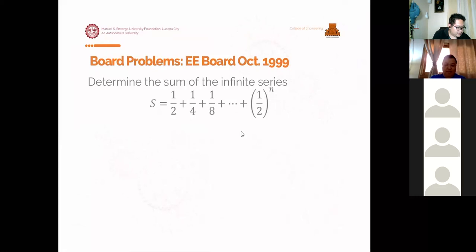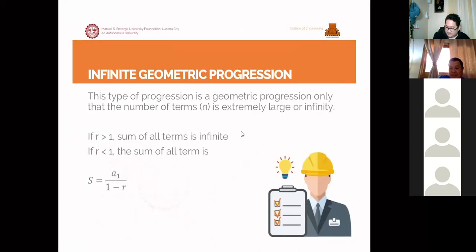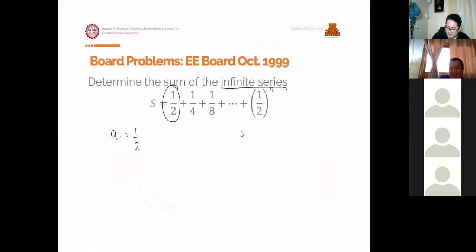Identify natin yung value. In-indicate naman na infinite series siya, so pwede natin i-apply. A1 natin is 1 half. Hindi natin alam yung R pa, so kunin natin. 1 fourth over 1 half equals 1 fourth times 2 over 1, so 1 half.